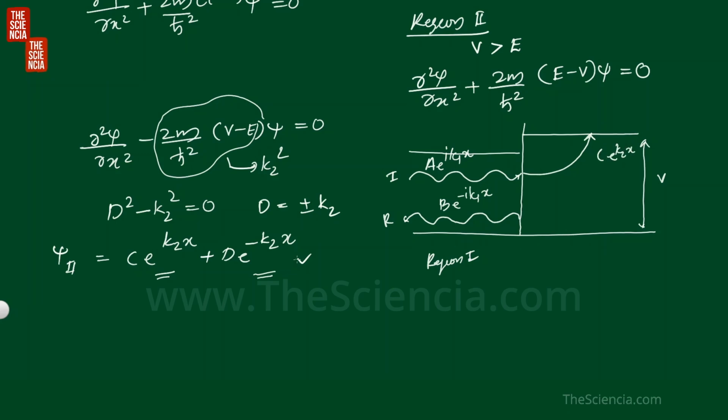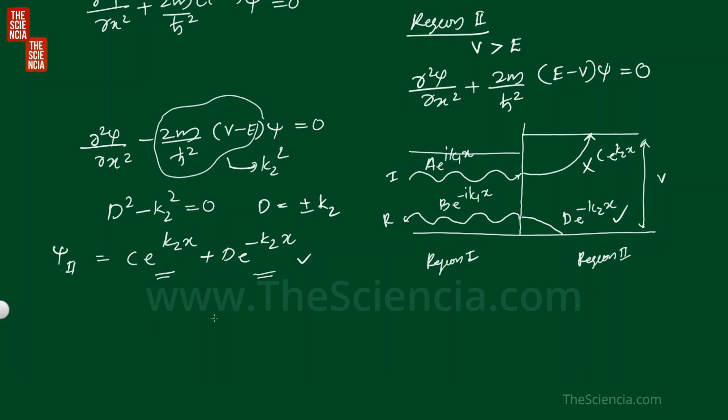And there is another wave, for which, as the x value increases, its magnitude decreases exponentially, that is d e raised to minus k2 x. Here you see the amplitude of the wave is increasing in region 2 for the first case, so this is not a physically valid wave function. So only the second one is the physically reliable solution in region 2.